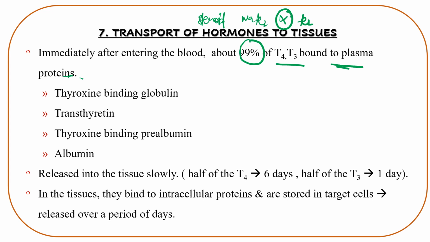They bind to thyroxine binding globulin, transthyretin, thyroxine binding prealbumin or albumin. And these hormones are hence released into the tissue very slowly, and in the tissues they bind to intracellular proteins and are stored in the target cell, and in the target cells they are released over a period of days to undergo their actions.